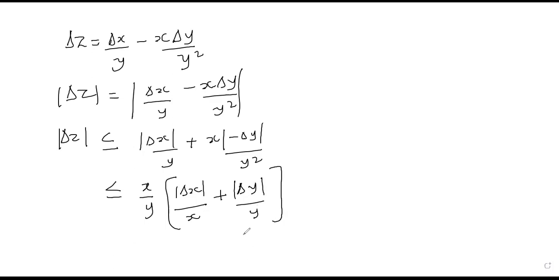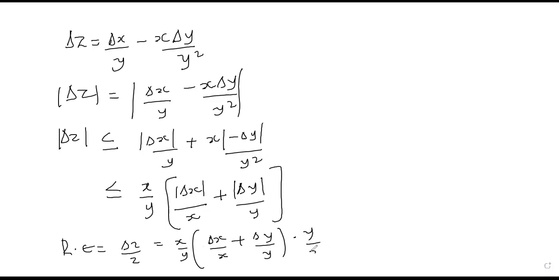Then this one would mean that taking the relative error would be delta z over z, which would be x over y into delta x over x plus delta y over y, divided by z, which is x over y, so the reciprocal y over x. X will cancel, y will cancel, so we shall be left with our relative error as delta z over z equal to delta x over x plus delta y over y.